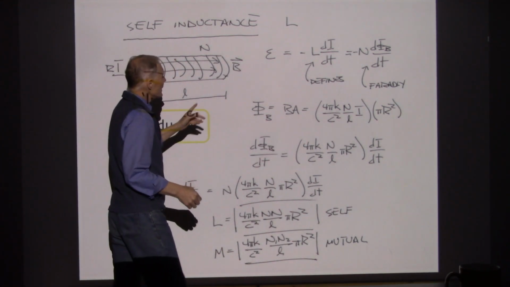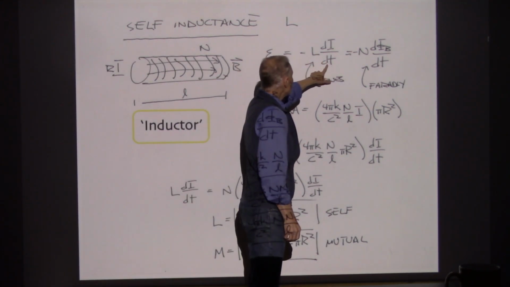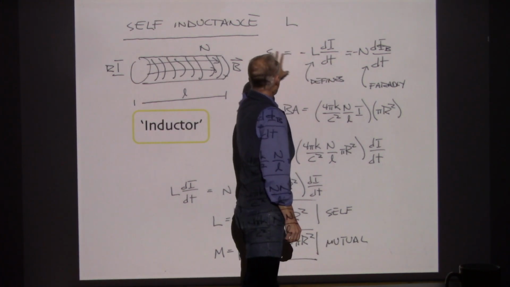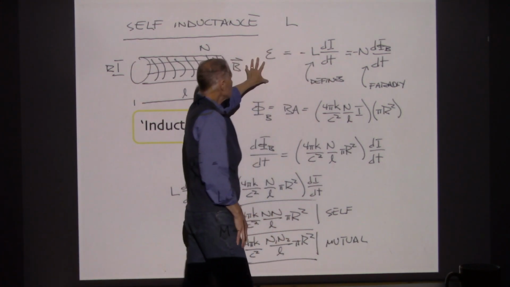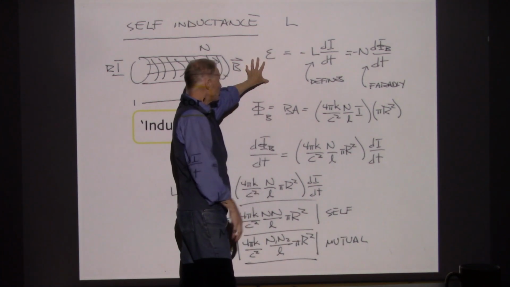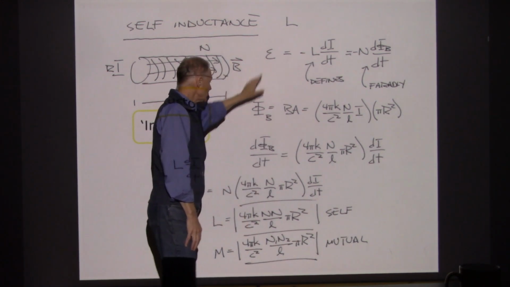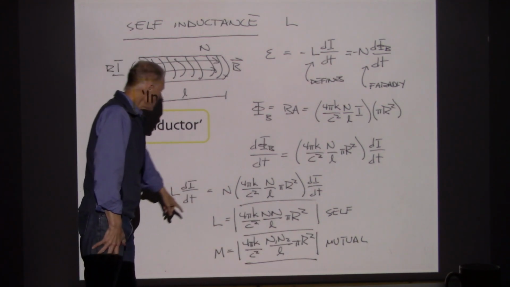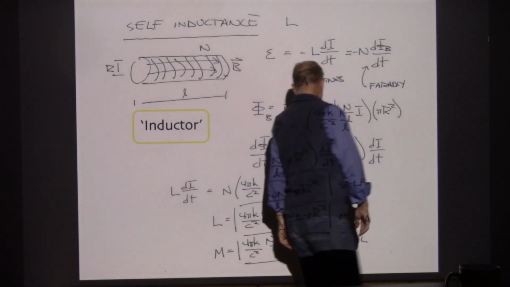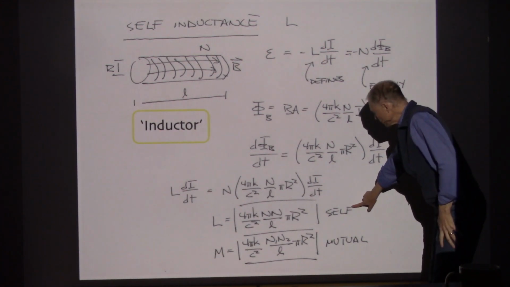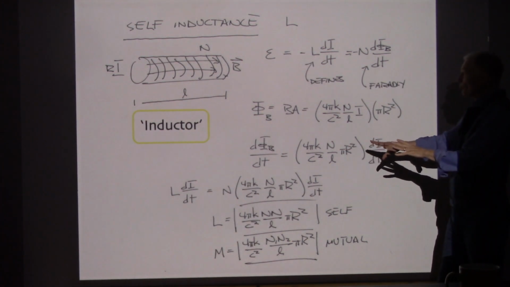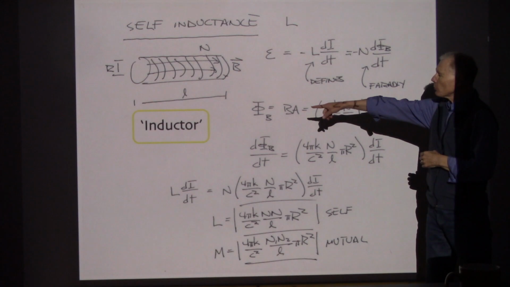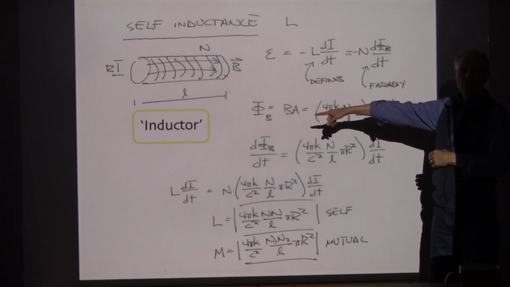And if the current begins to vary, we'll end up with a voltage, an EMF, generated within that inductor. So we've run through the very same set of calculations. What we end up with is this. There's a self-inductance formula, and that's the one that we're going to work from the most often, and that's what's taking place in a device called the inductor.